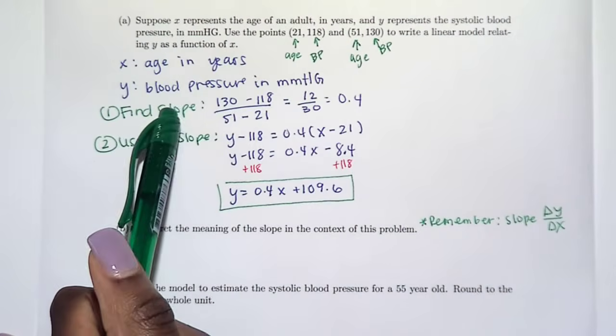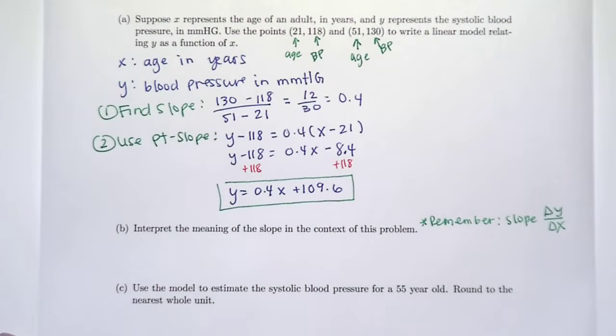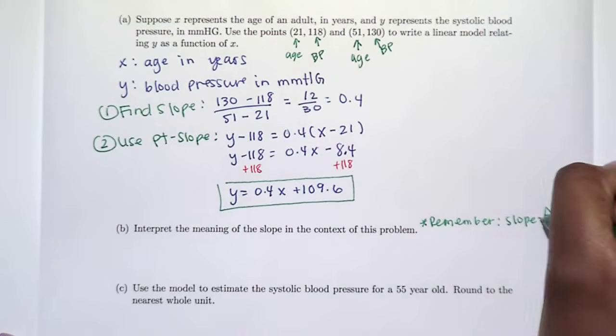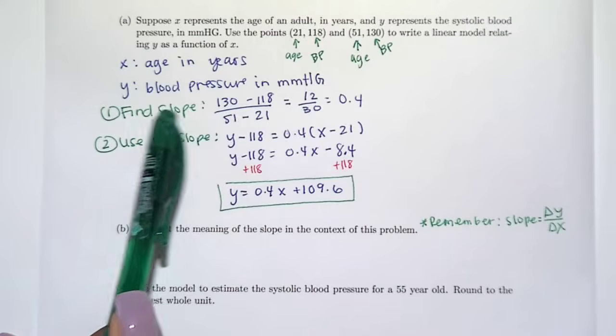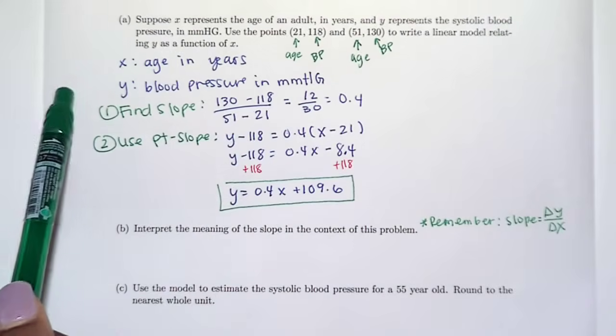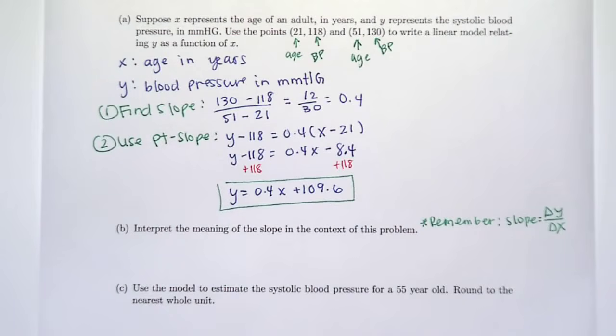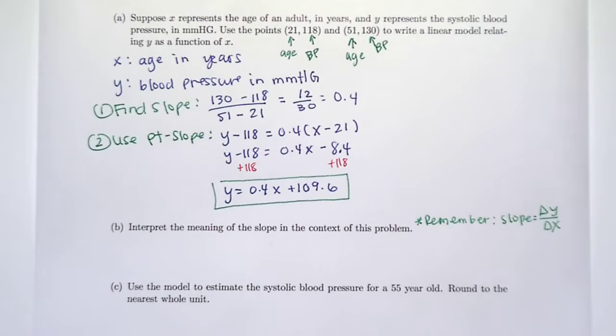Well, y is blood pressure and x is age in years. So the slope is the change in blood pressure over the change in age. So 0.4 represents how much the blood pressure changes based on the age. Another thing to notice, 0.4 is positive, not negative. So that means our function is increasing.